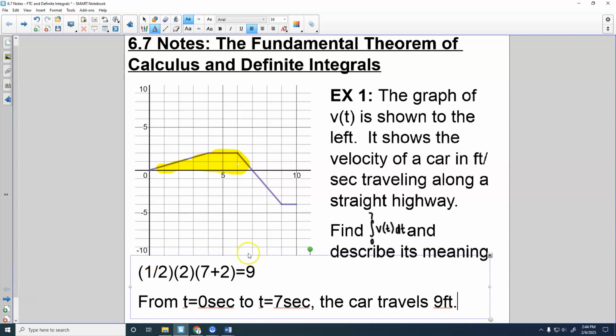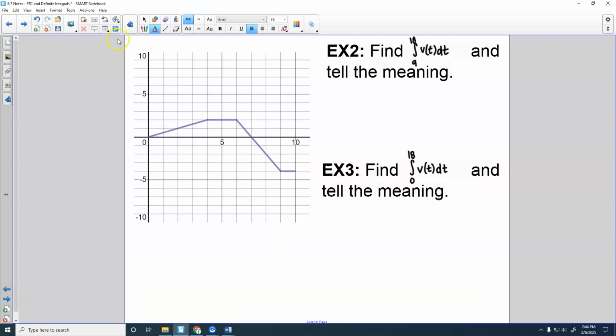Okay. Questions on that? All right, let's keep going. Now, this should not be 18. It should be 10 right here. And I didn't change it because I can't write well with the mouse, and I didn't want to make it even worse. But that should be a 10 instead of 18 on both of these.